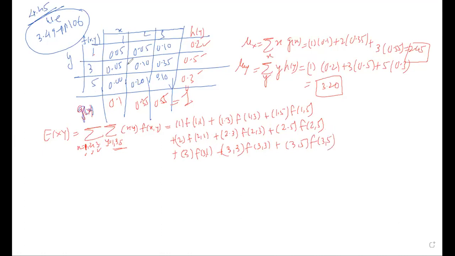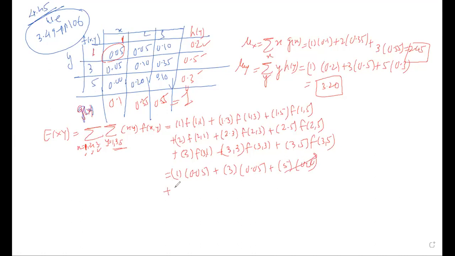Look at over here, guys. f11, x is 1 and y is 1, f11 is 0.05. So that is equal to 1 times 0.05, plus 3 times, for 1 and 3, that is 0.05 again. So 0.05, plus 5 times 1 and 5, which is 0. So no need to write it because it is 0.